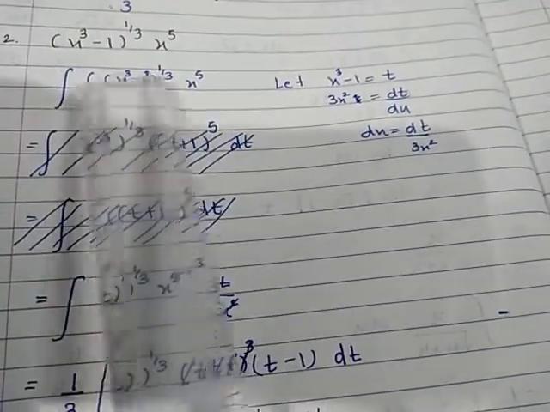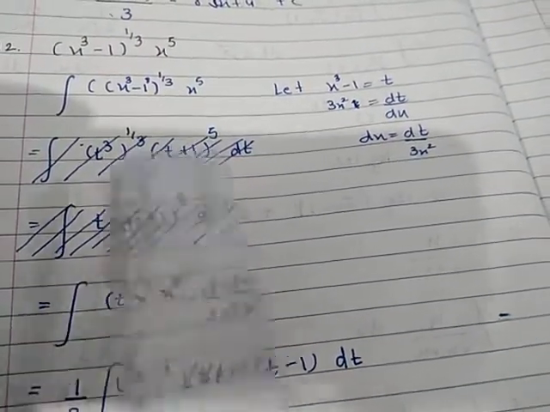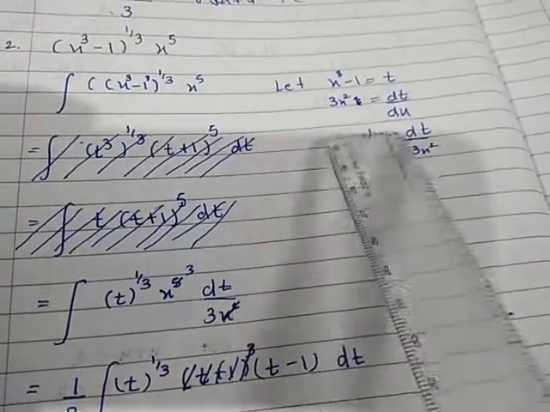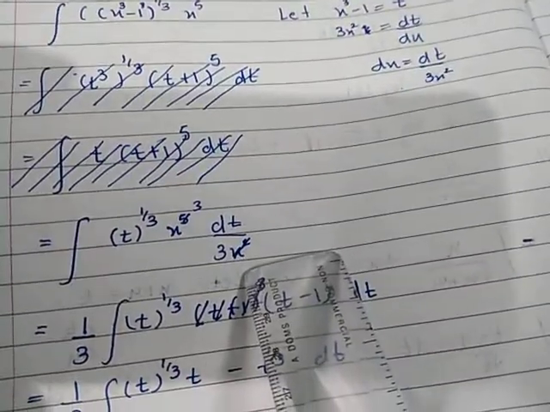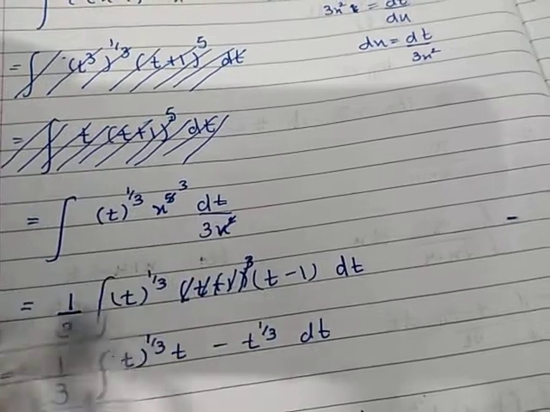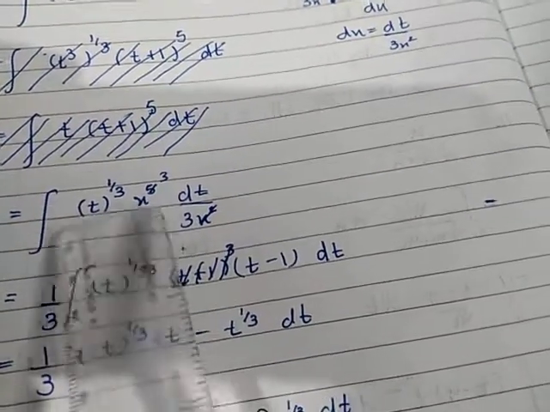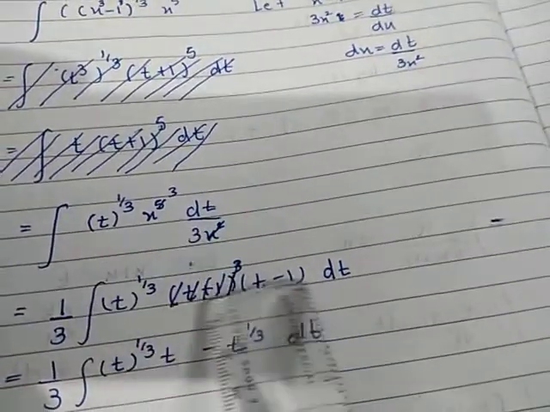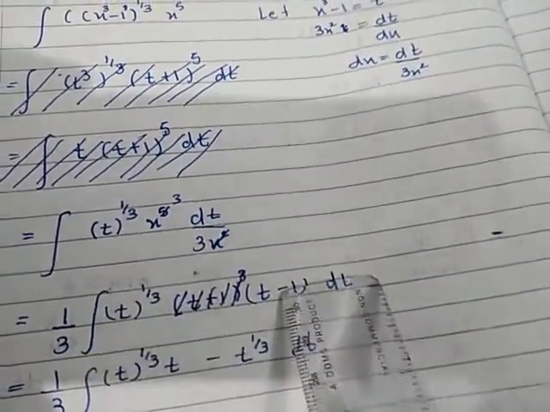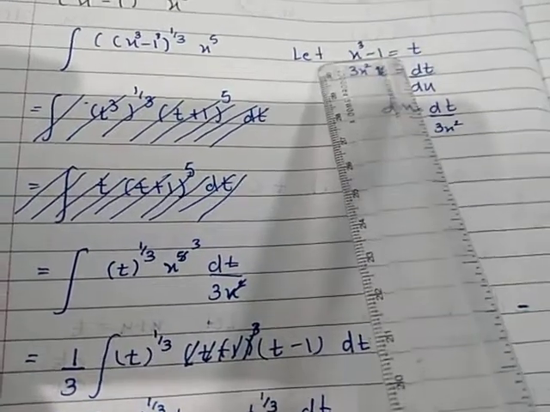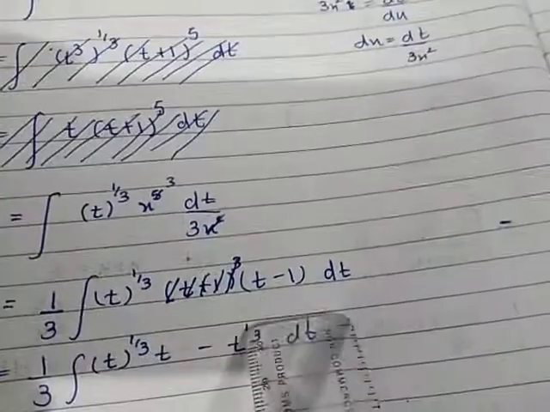This is t to the power 1 by 3 into x to the power 5 into dt upon 3x square. That is 1 by 3 outside, integration of t to the power 1 by 3 into x cube upon x cube into dt. In place of x cube, you can write t plus 1. This should be plus 1.